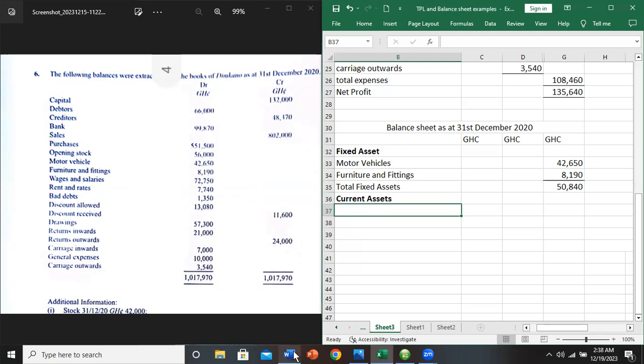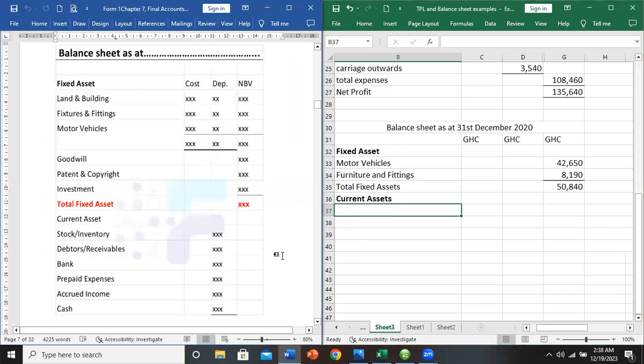So now let's pay attention to this. You see how the current assets have been arranged. You start with the stock first, followed by debtors, followed by, in fact, the prepaid expense and accrued income should come before the bank and cash. So pardon me for the arrangement error here.